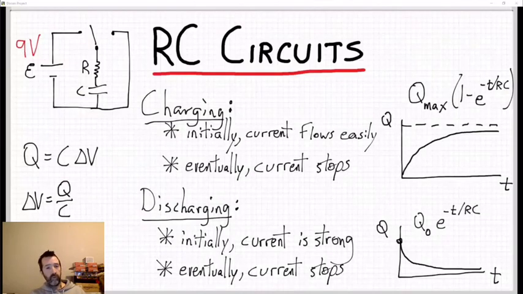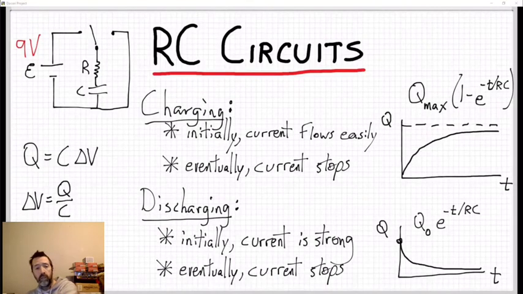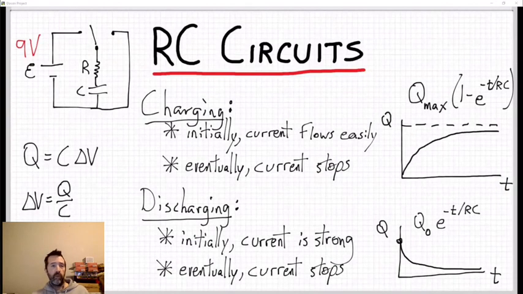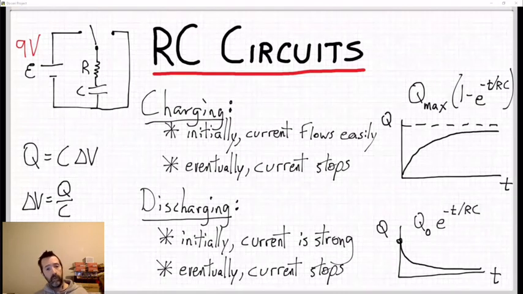If the potential difference on the capacitor is increasing, that means the potential difference of the resistor has to be decreasing at the same time. So if C is at like 2 volts, R must be at 7 volts, because they have to add up to make the EMF of the battery.